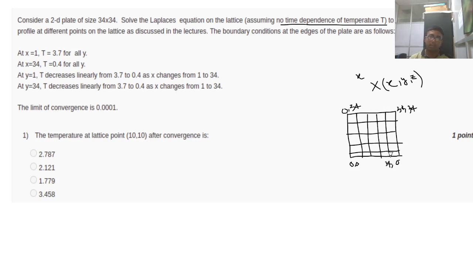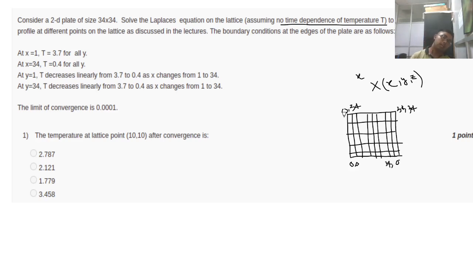So instead of a continuous distribution of temperature, we will have the value of temperature at some discrete points throughout the plate, and those discrete points will be evenly spaced. As an input we have the value of temperature at the boundaries.